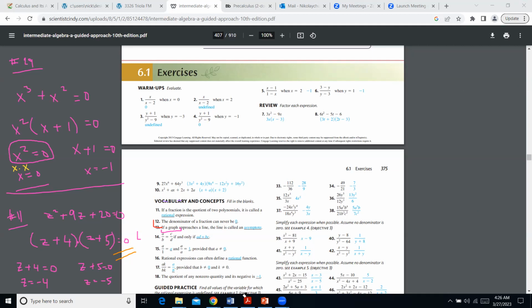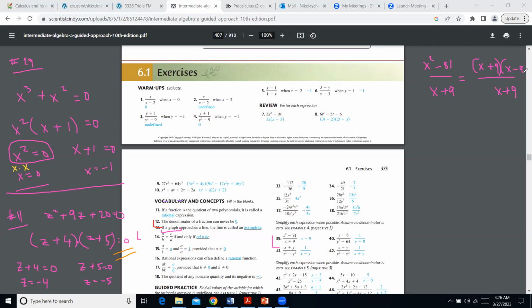I'm going to take a look at the fraction with x squared minus 81 in its numerator and x plus 9 in the denominator. So this denominator x plus 9 could be utilized to factor the upper part, the numerator, which is a difference of two perfect squares.